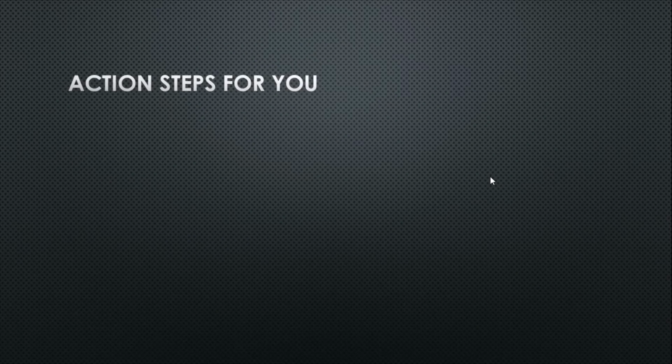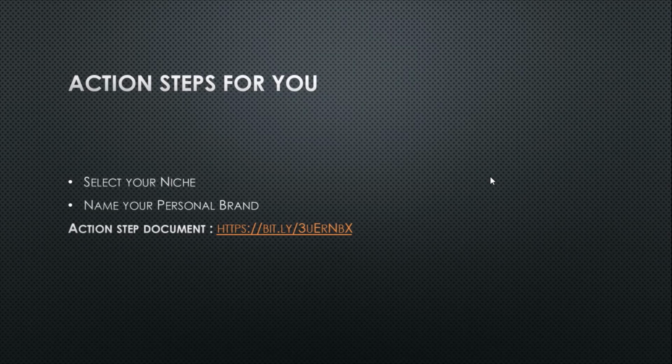Okay, now we come to the end of the lesson and there are a few action steps for you. First, select your niche, then name your personal brand. Action step document: I have given the document in the blog lesson too, the blog link which I have mailed you. You can check it out at the end of the blog.